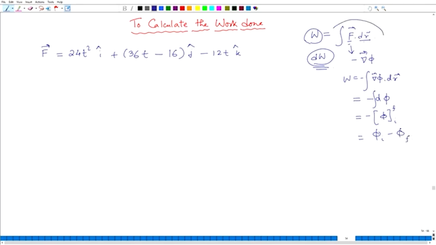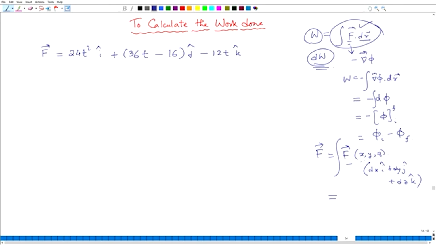Now, this type of integration is very easy when we give you the force field as a function of the space coordinates, because if you know F as a function of x, y, z, then of course you know that dr will be simply dx i cap plus dy j cap plus dz k cap, and by knowing the initial space coordinates and the final space coordinates, in principle you should be able to calculate this work done.